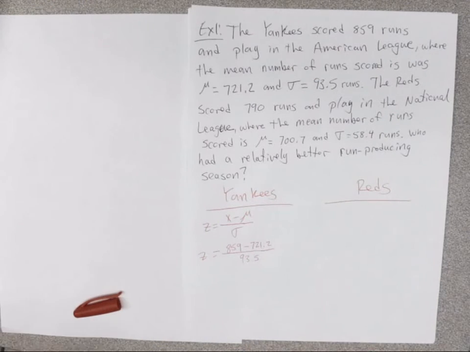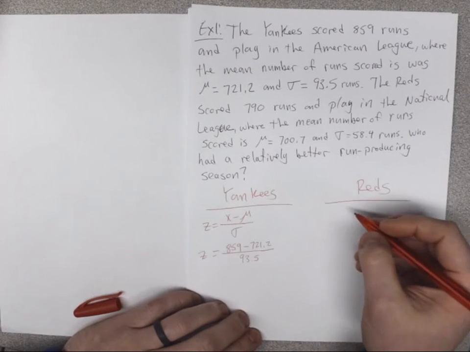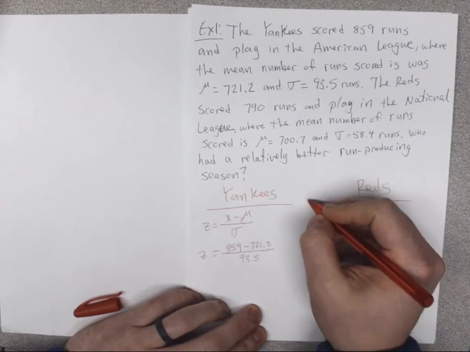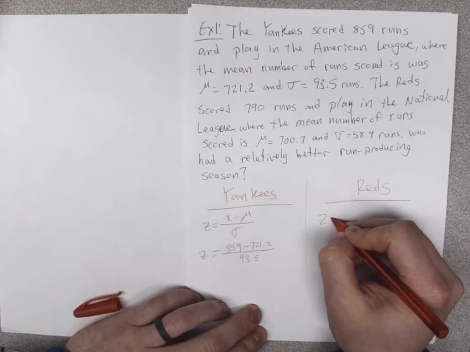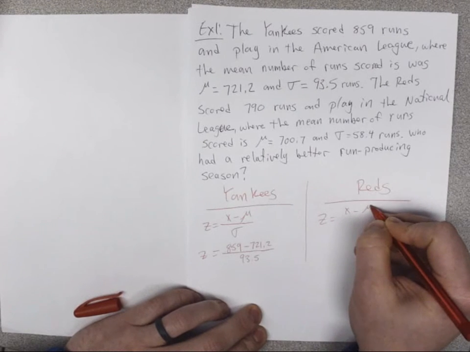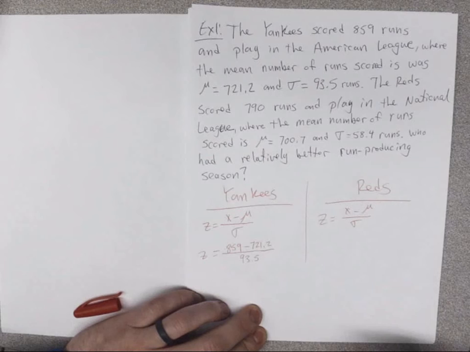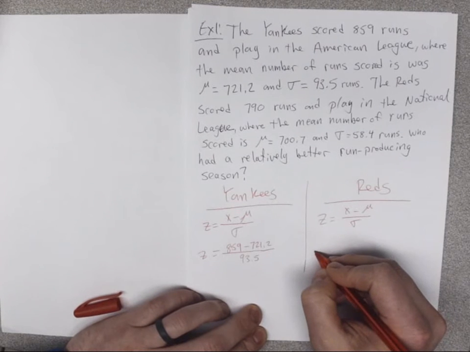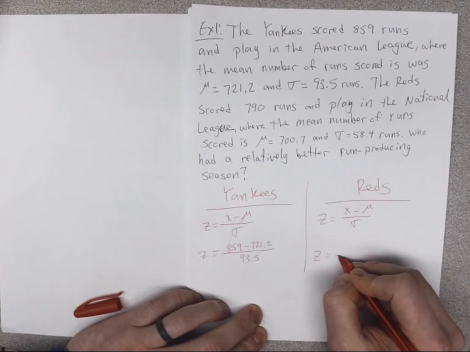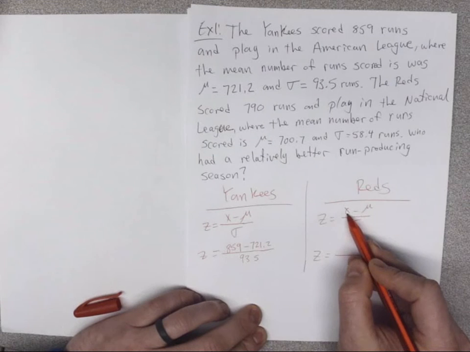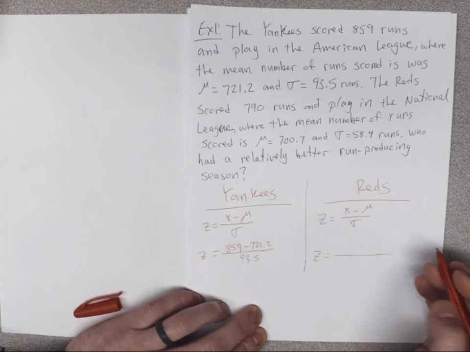So you have to make sure to use the correct mean and the correct standard deviation based on which team you're working on right now. And then the Reds, z equals, I'm just going to rewrite the formula here. Always write the formula, it helps out, just so you know we're plugging things in. Go easy. And if you're still confused about what to plug in this x portion, then plug in everything else that you know.